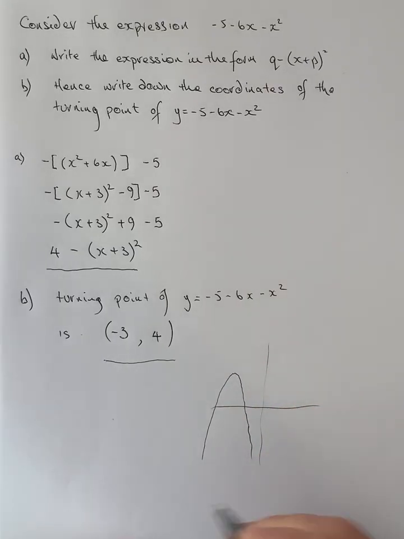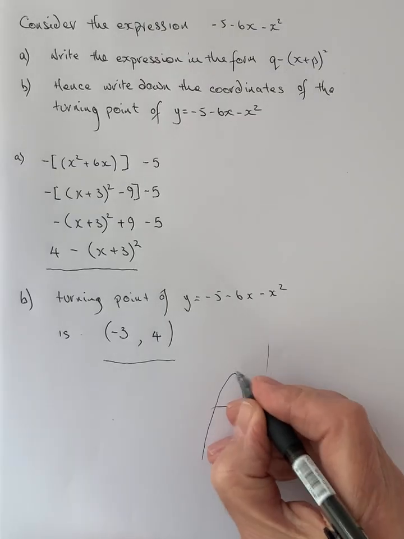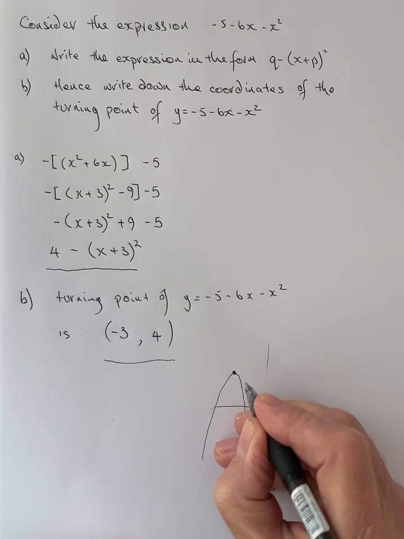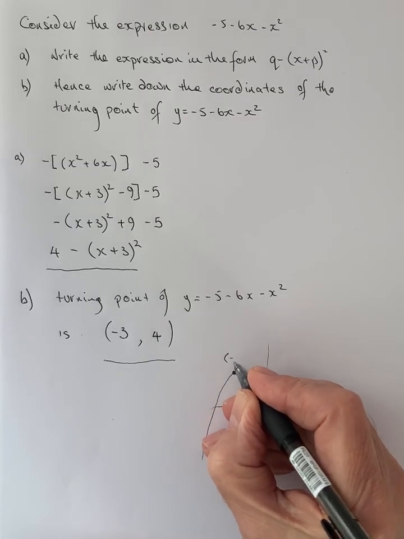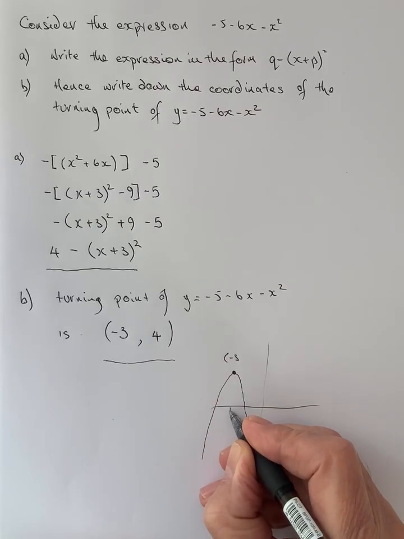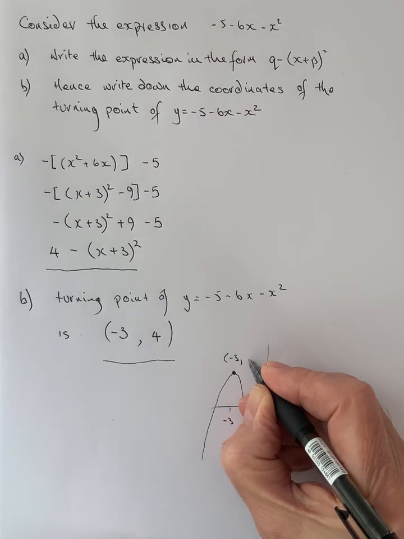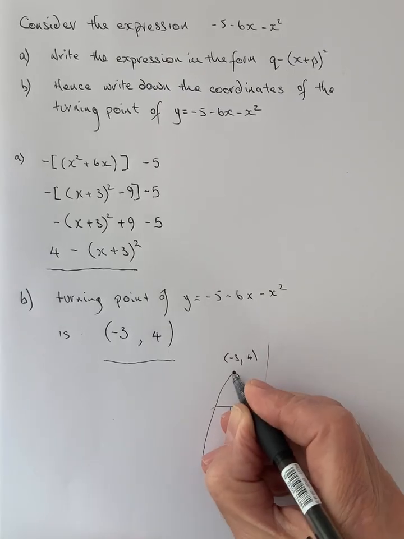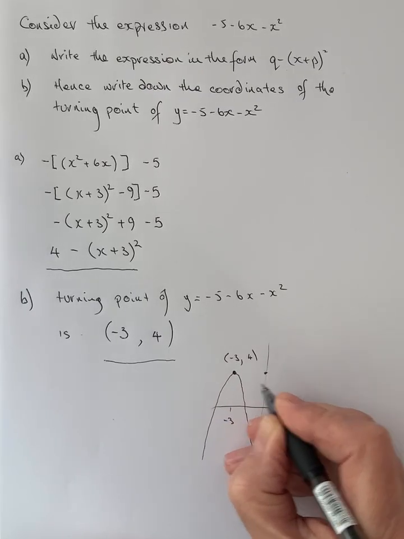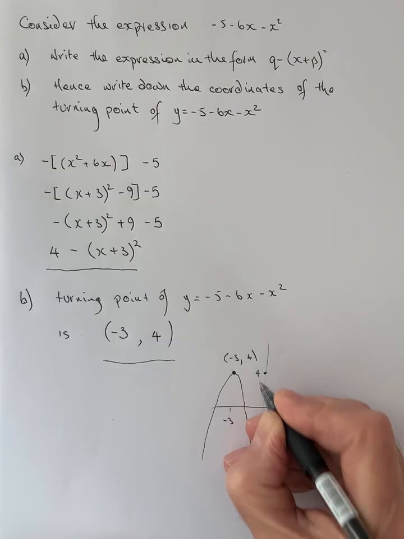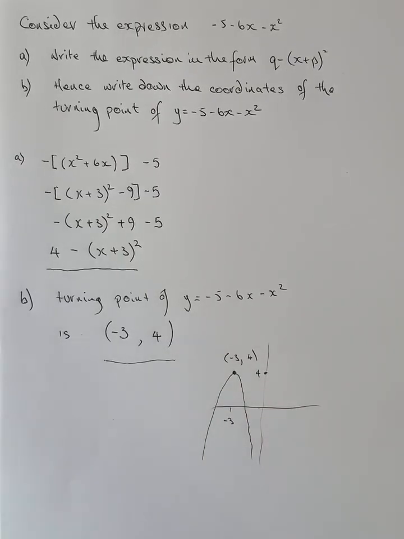So you'll have an inverted parabola, and this point here is -3, 4. Okay, that's what the graph looks like. That's a very, very, very rough sketch of it. But as I've said, go on to Desmos, have a look, and you'll see that it actually does work.